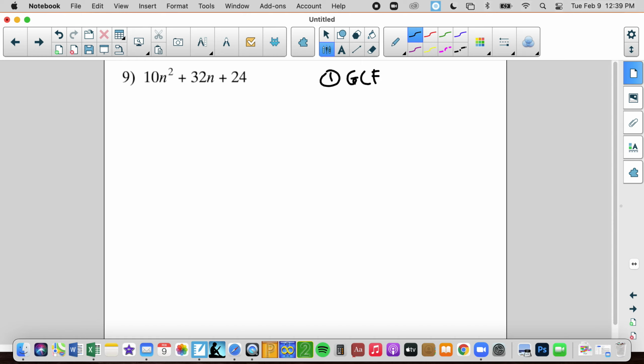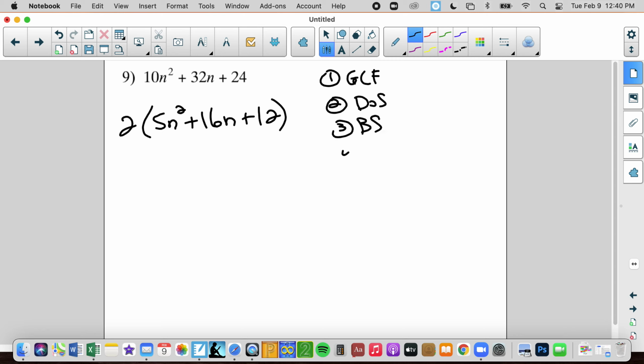GCF, 2 goes into it, 4 doesn't, 5, so 2. We're going to factor out a 2, 5n squared plus 16n plus 12. I'm looking at 5, 16, and 12. No numbers go into it, so I took out the GCF. Not difference of squares, not a binomial square.